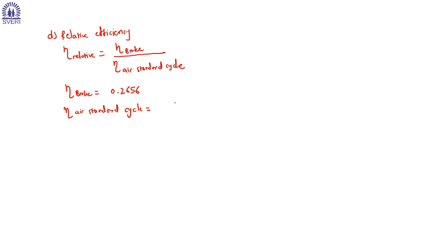Air standard efficiency: as this engine operates on a constant volume cycle, that is nothing but the Otto cycle, so this will be the efficiency for an Otto cycle. The efficiency for the Otto cycle is given by 1 minus 1 divided by r raised to gamma minus 1, where r is your compression ratio, which is the ratio of total volume V divided by clearance volume. Total volume means clearance volume plus swept volume, divided by Vc.